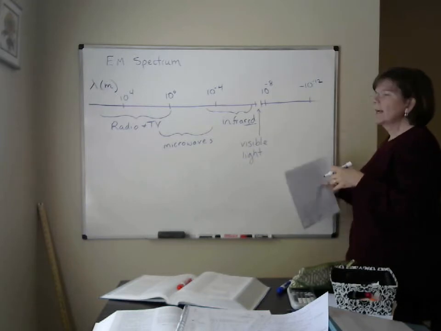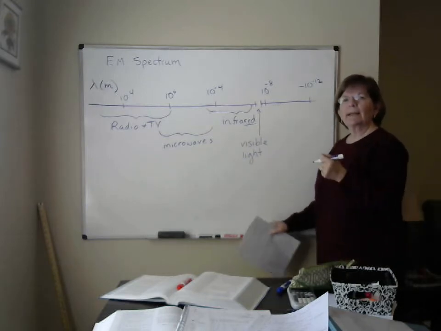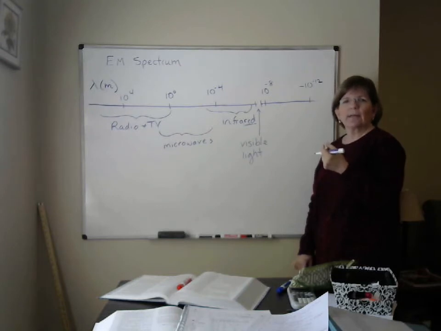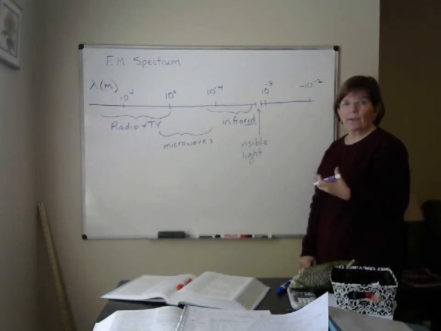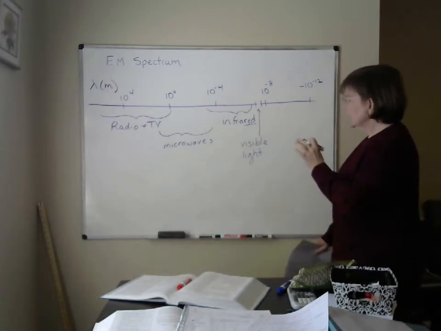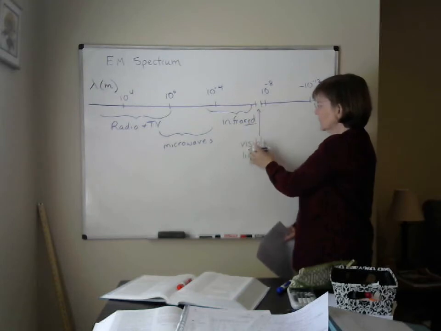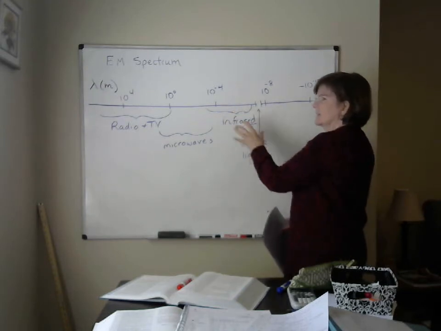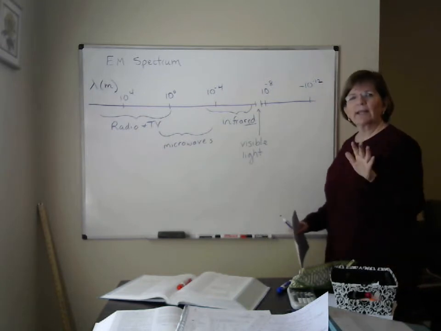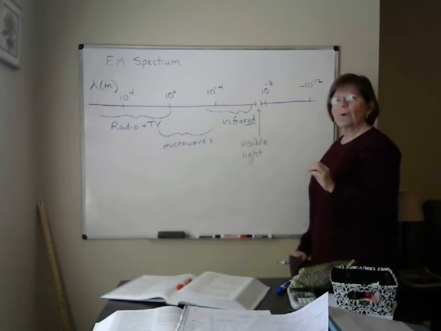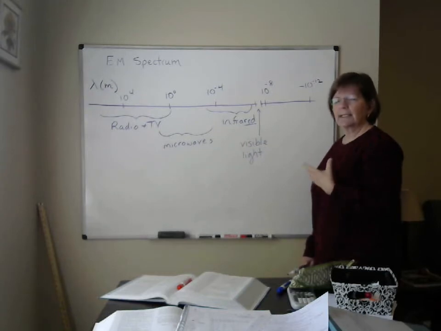But visible light is the narrowest band of the electromagnetic spectrum. It's the part that our eyes can sense. The rods and cones inside the retina can actually detect it. So we can detect this part of the electromagnetic spectrum with our eyes. We can also detect this part with our skin, with our hands, because we can feel radiant heat. And those are pretty much the only two parts of the spectrum that human beings detect.